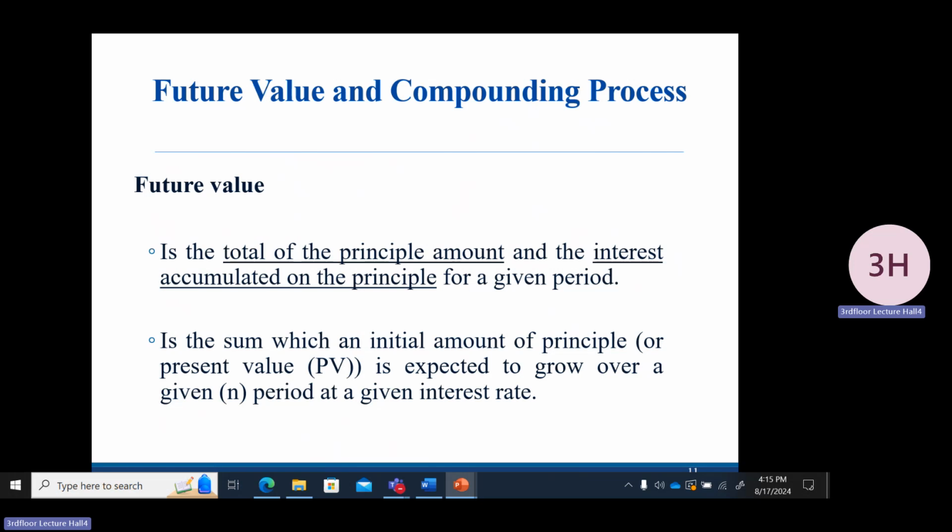So what is the balance in your account at the end of year 5? What is the answer?